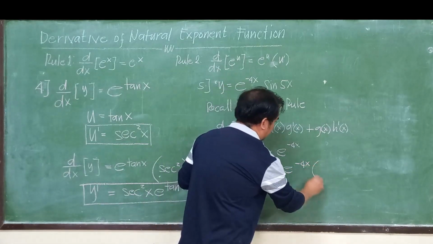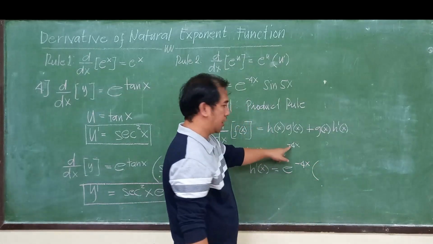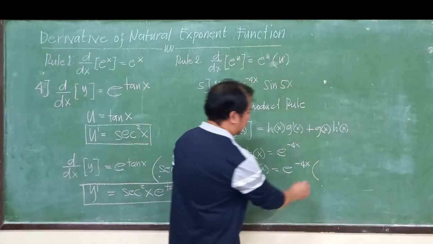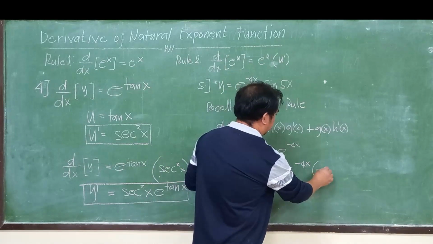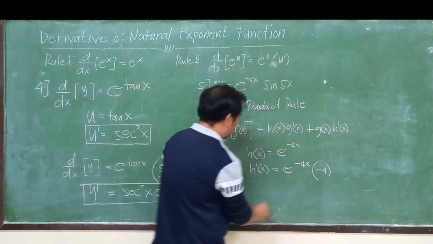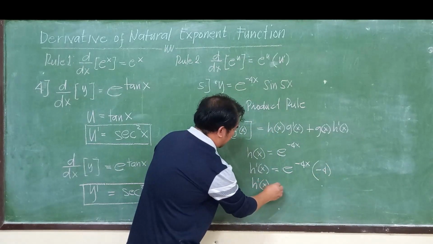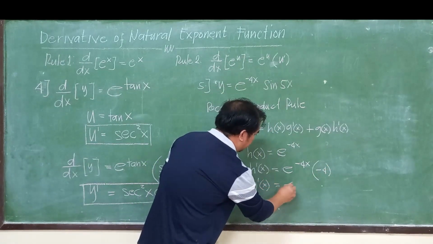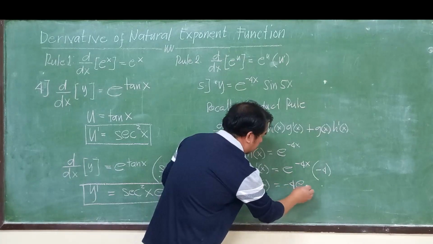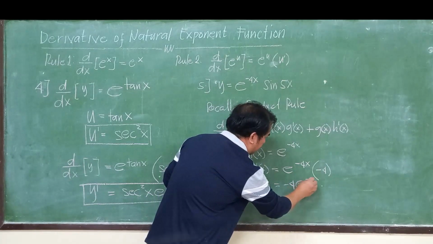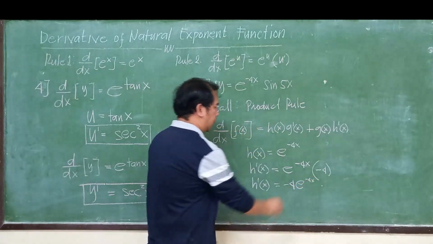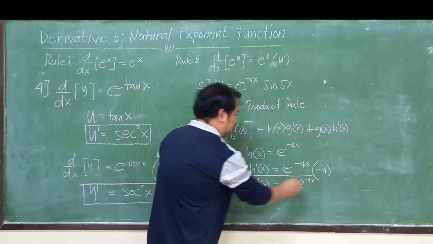What would be the derivative of negative 4x? It will give you negative 4. So what would be the h prime of x? It will give you negative 4e raised to negative 4x.